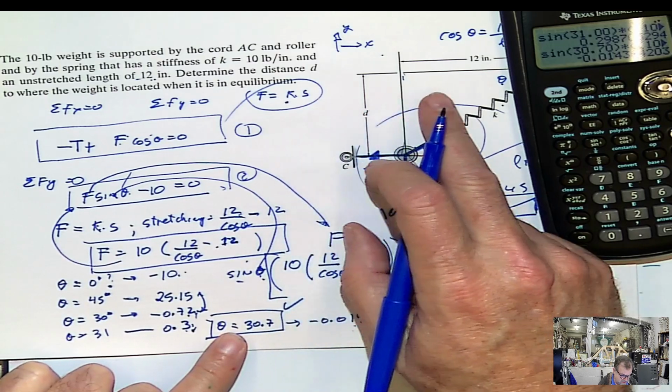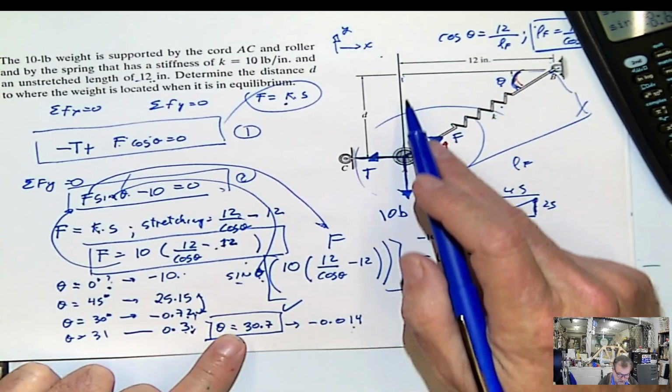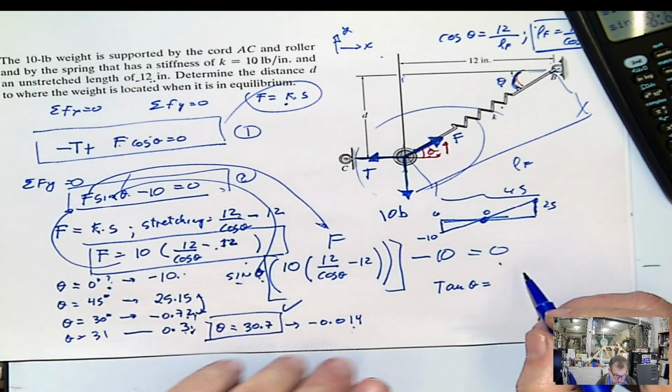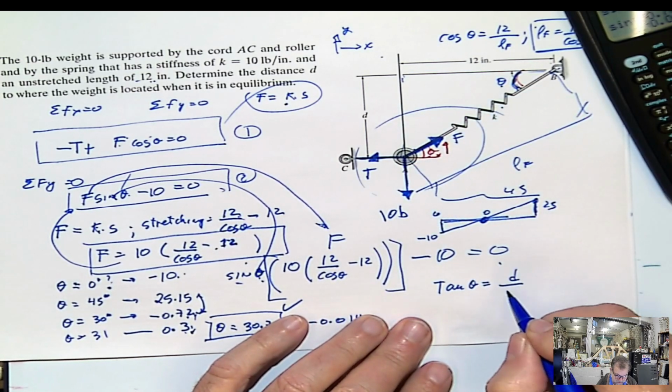30.7, and if I need the distance d, which is the other thing that I need, I know that tangent of the angle has to be equal to d divided by 12.